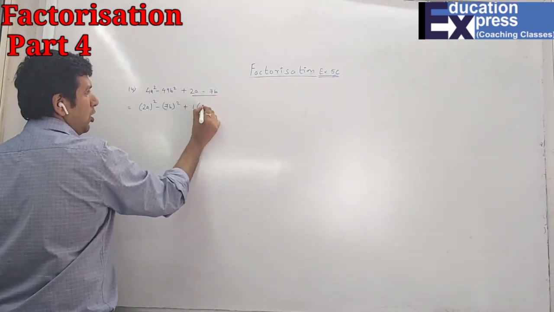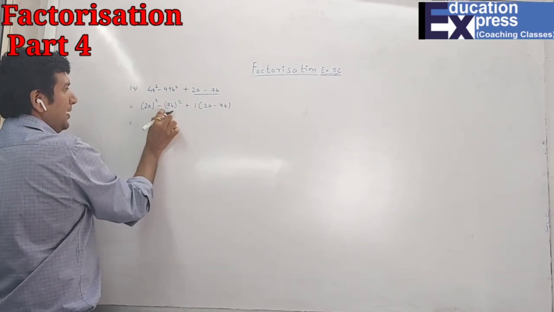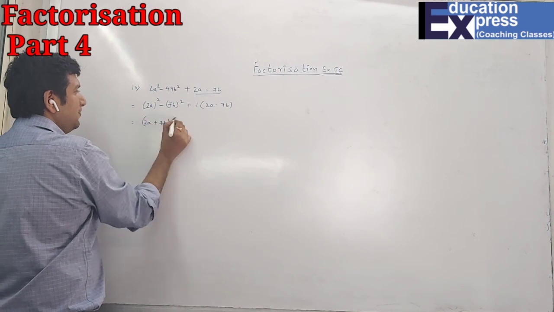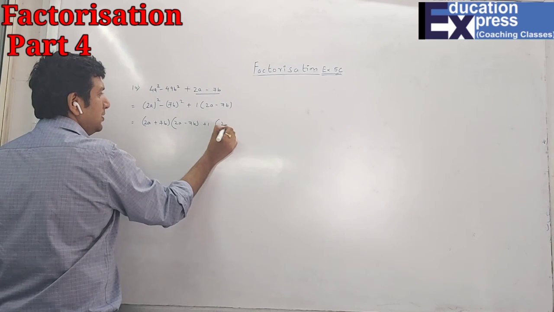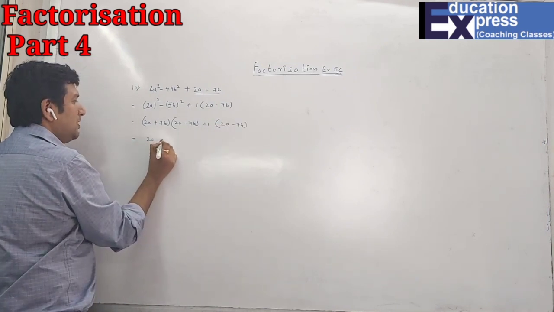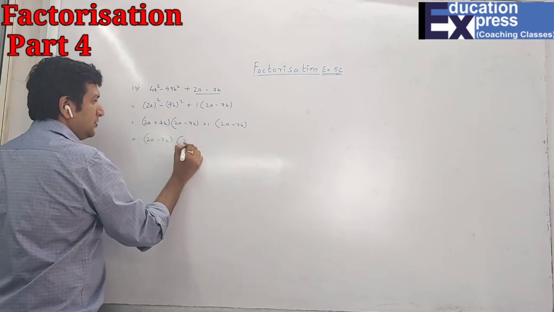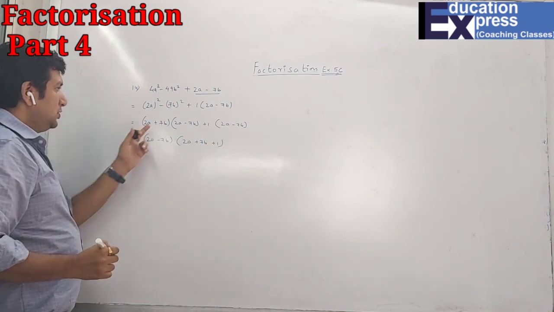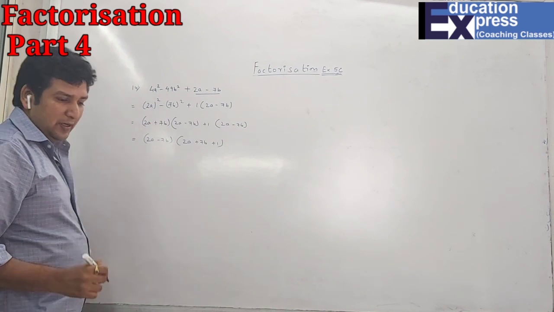If I can take 1 as common, so here again a square minus b square, we get 2a plus 7b and 2a minus 7b, plus 1 into 2a minus 7b. So can I take 2a minus 7b as common? So what is left? 2a plus 7b plus 1.